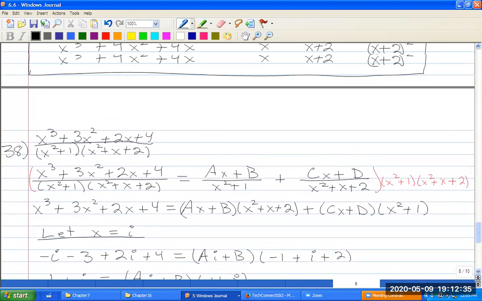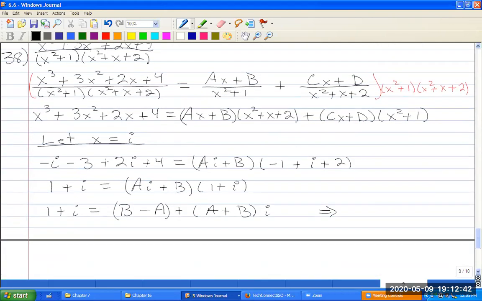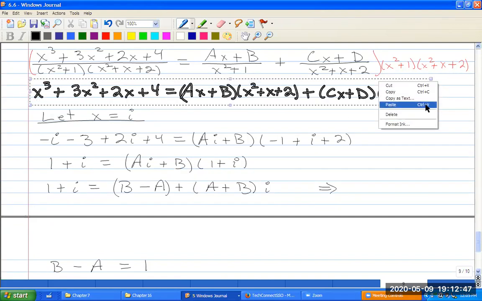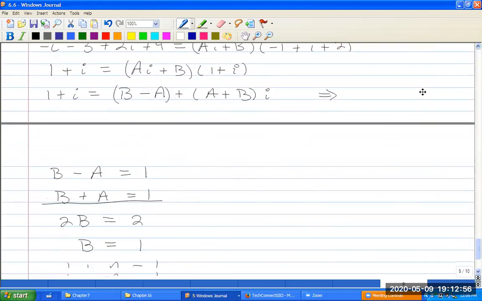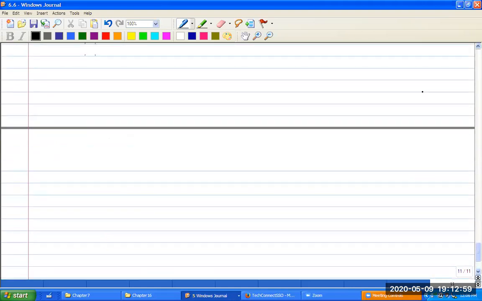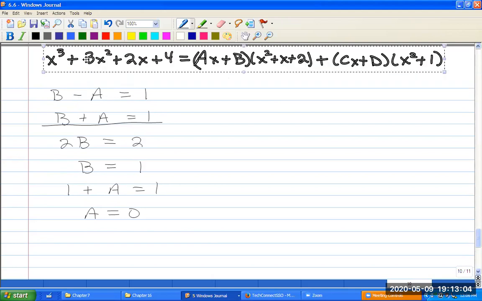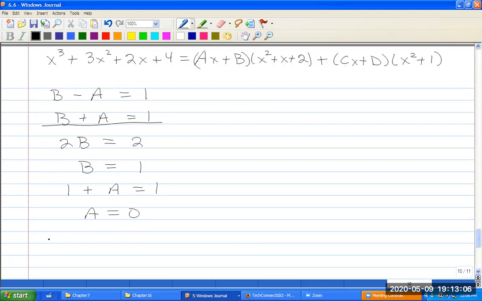Let's plug in, let's say 0. That'll give me something for D. The minus i gives me nothing because that doesn't involve the C and D. And I got A and B. So let me plug in 0. So let x equal 0.